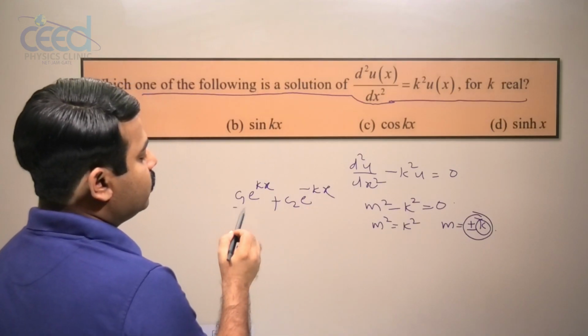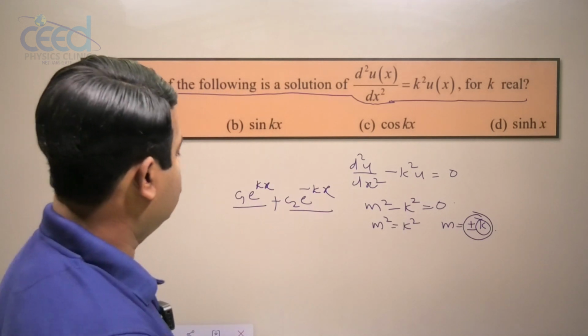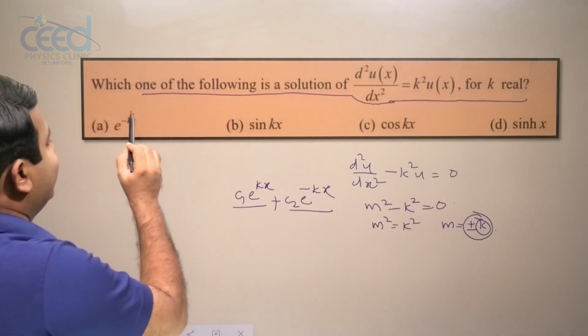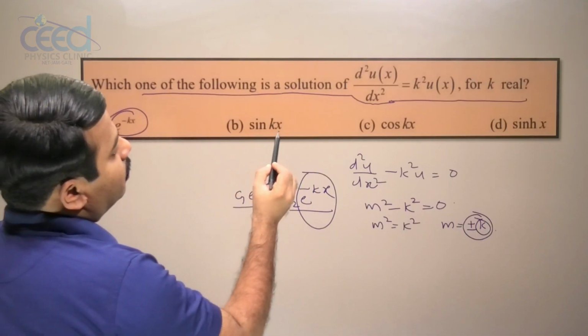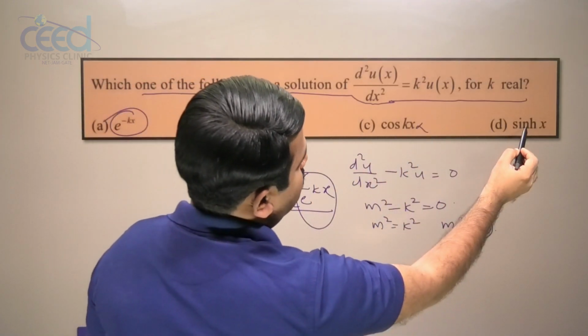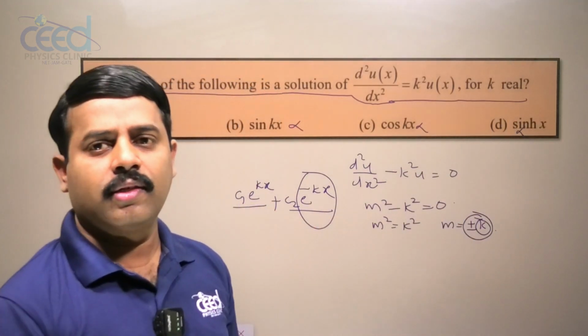This may be the solution, or it may be part of the solution. Out of the given options, e raised to minus kx is reflected here, but the others are not, so option A is correct.